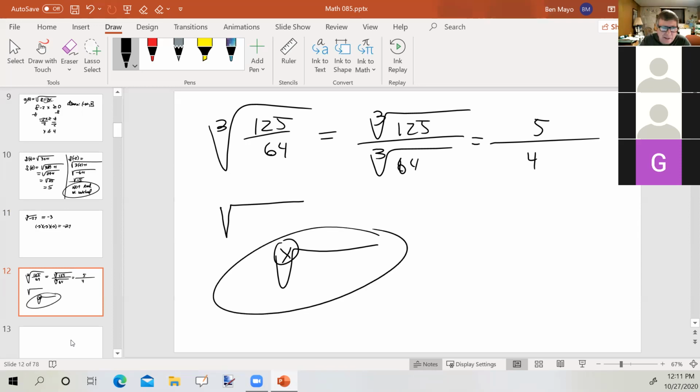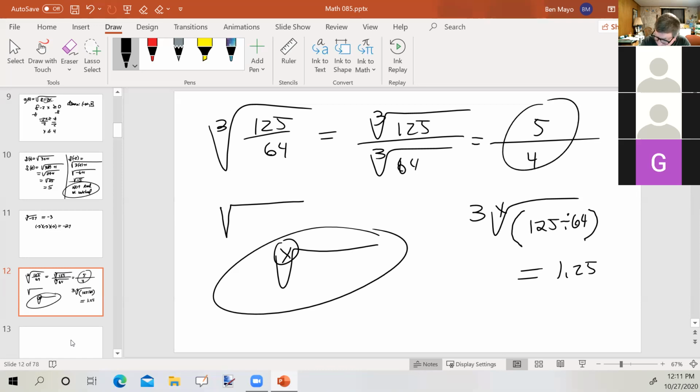So with the screen cleared out, you're going to put in a 3. Then you're going to do the x root. And when you do that, I don't know if it puts a parentheses or not, but if it doesn't, put a left-hand parentheses. Then put in 125 divided by 64. Close up the parentheses and put an equals. And you're probably going to get 1.25 because it's going to give you a decimal answer instead of a fraction.